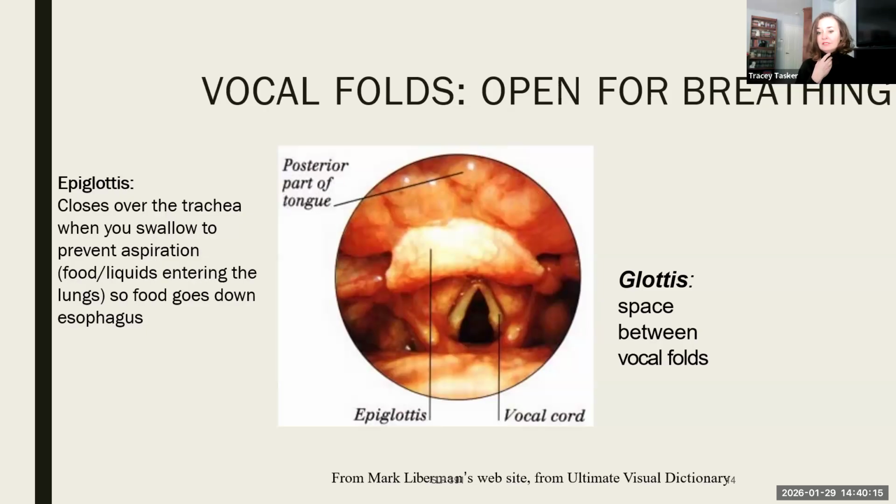So the glottis is the space in between the vocal folds, okay? The epiglottis is what closes over your trachea when you swallow to prevent you from choking, from aspirating, we call it in technical terms, making sure that the food goes down your esophagus. Okay, so that's what the epiglottis is. The glottis is that space in between the vocal folds.